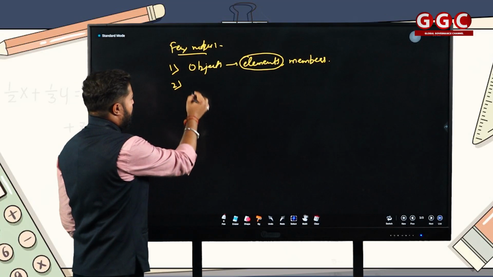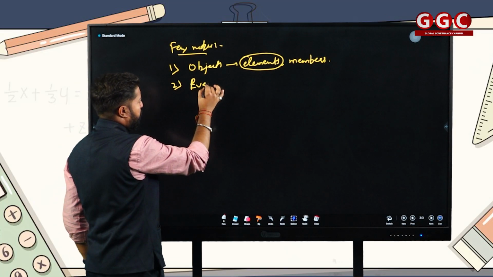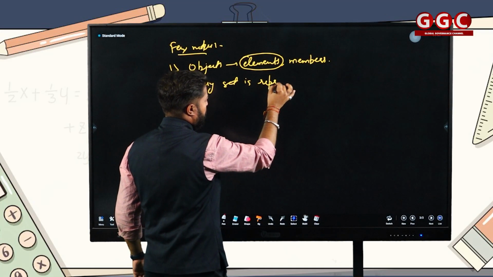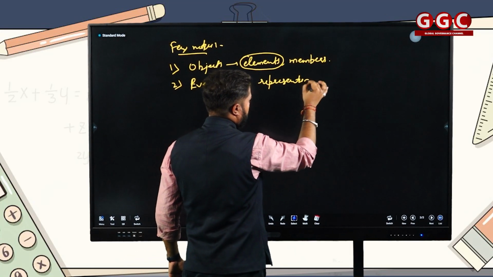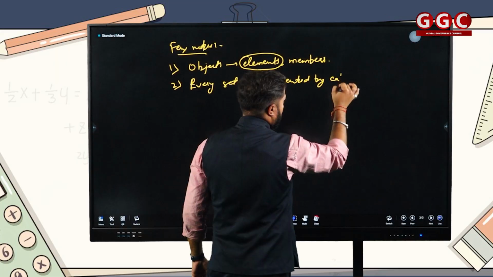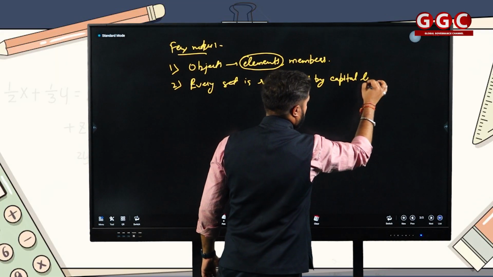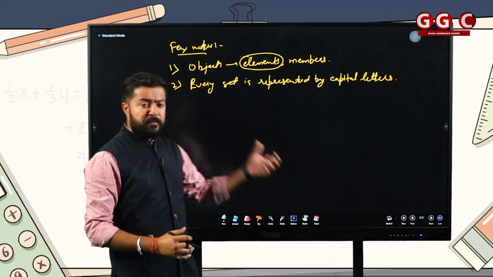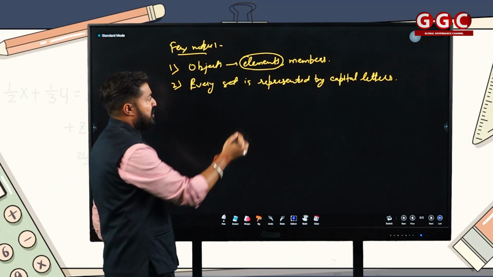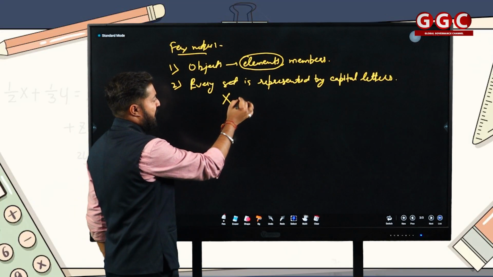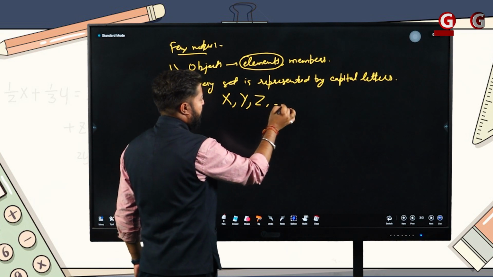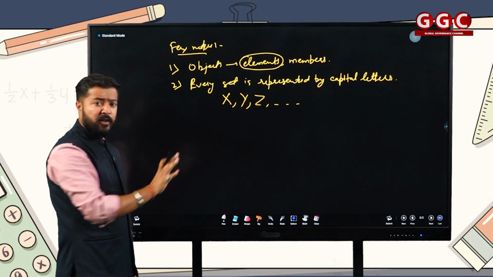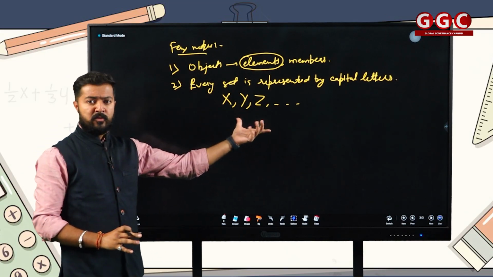Next is every set is represented by capital letters. That means to represent any set, we will use the English capital letters, suppose capital X, capital Y, capital Z, and so on, A, B, C, any other letter. And this is the standard notation, we will follow this notation only.